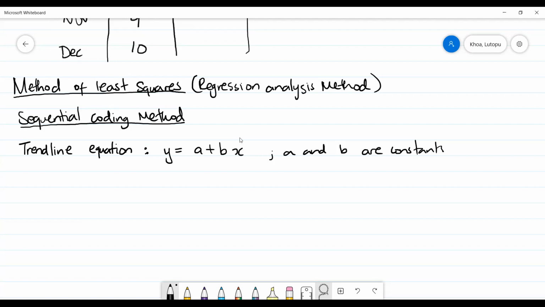Now B is the slope or the gradient. You remember from your line y equals mx plus c. So B is the slope, the gradient, or the rate of change.